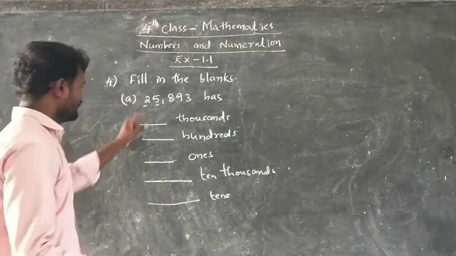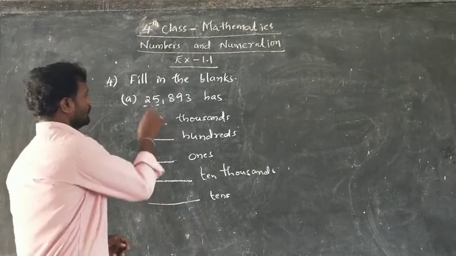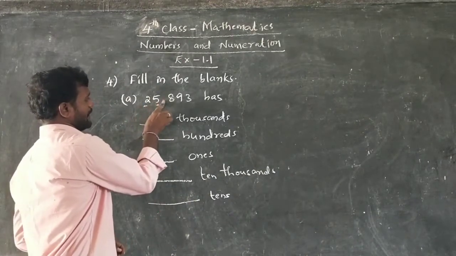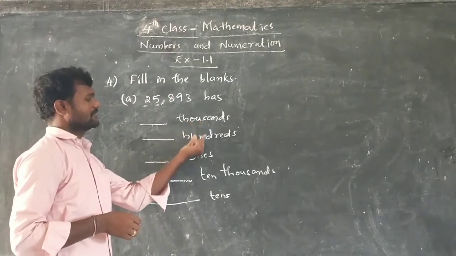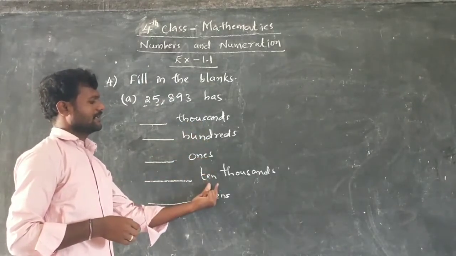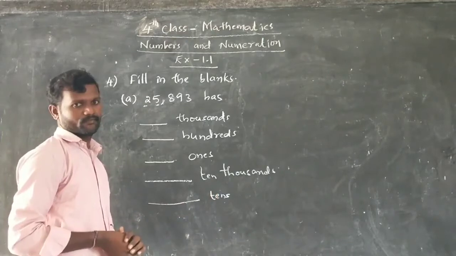Okay, you have to fill these blanks. 25,893 has dash thousands, dash hundreds, dash ones, 10,000s and tens.